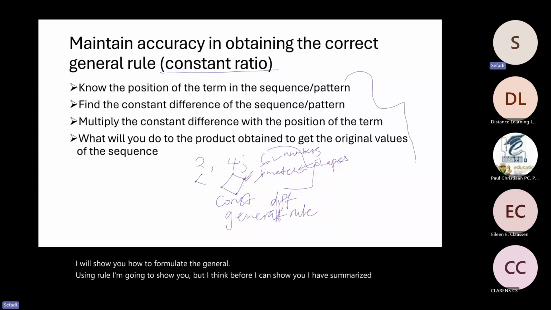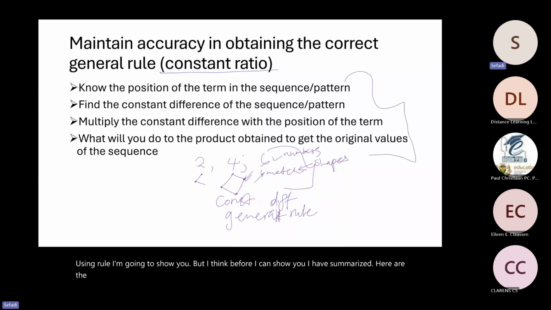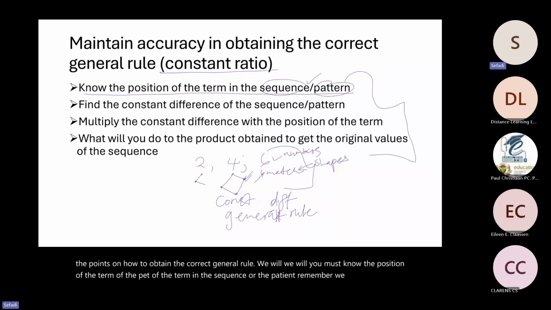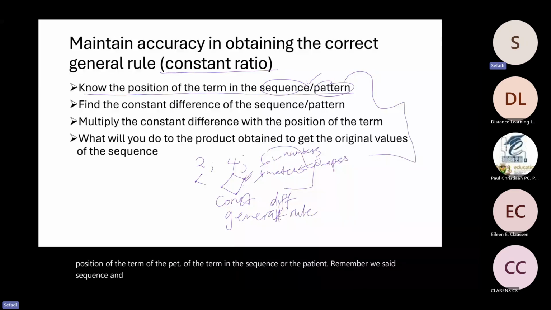Here are the points on how to obtain the correct general rule. You must know the position of the term in the sequence or the pattern. Remember, we said sequence and the pattern are one and the same thing. So make sure that you understand the positions so that you write term number 1.